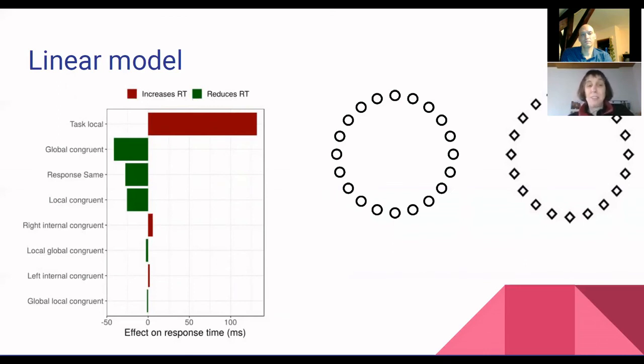The biggest one, and we already saw that in the previous slide, is whether people judge the two shapes on whether they're locally or globally congruent. So that's the instruction level. People are slower when they have to look at the smaller shapes than when they have to look at the bigger, global shapes. Next, you see that people are faster when the two stimuli are congruent on a global level.